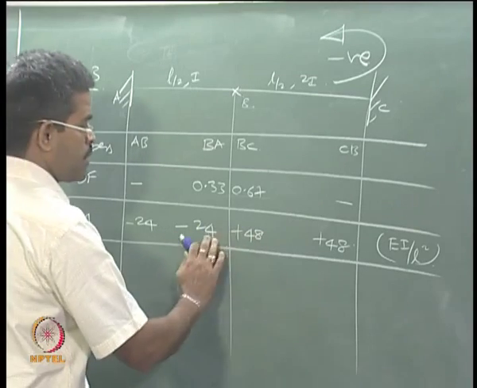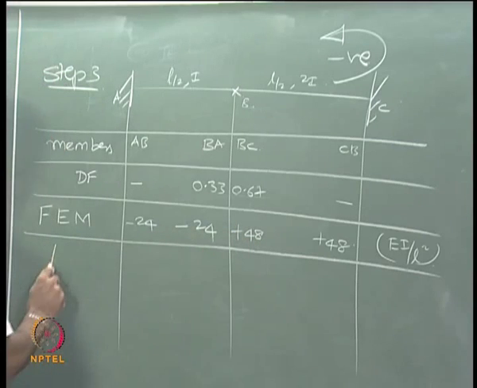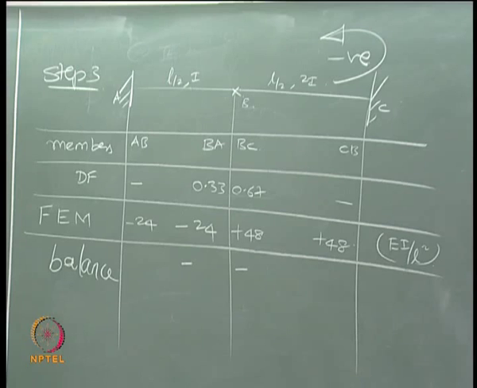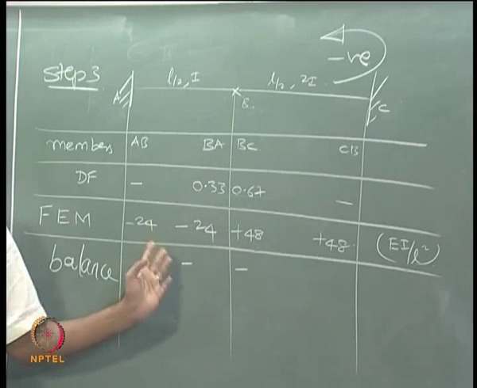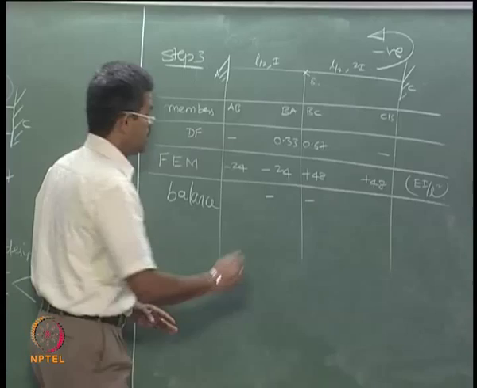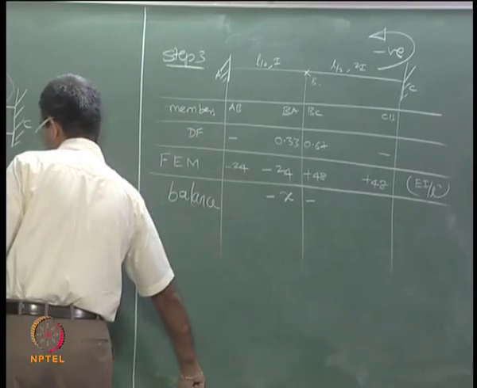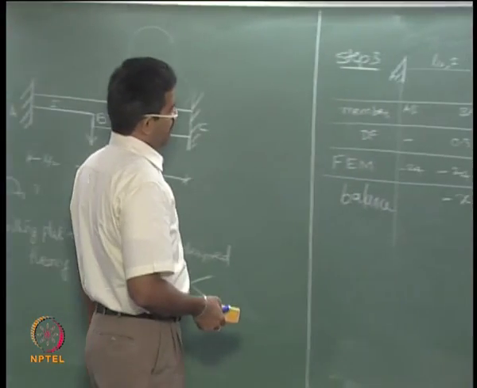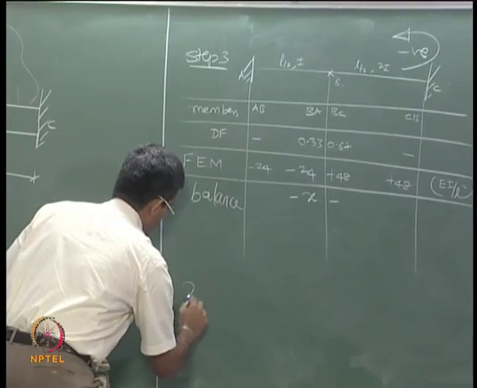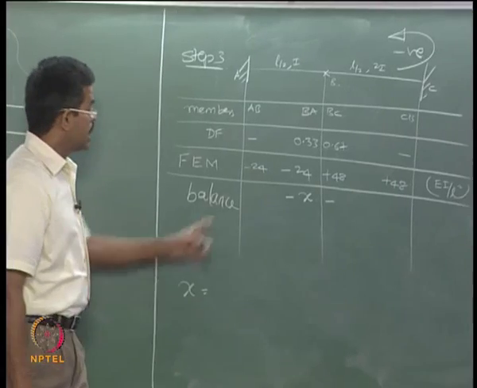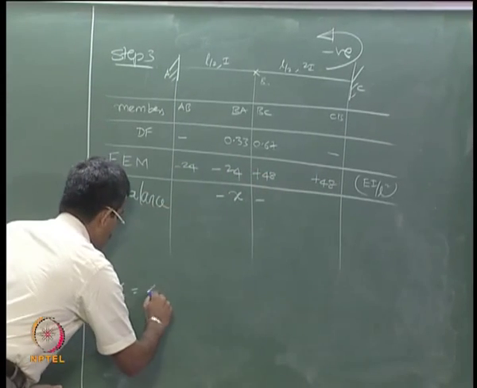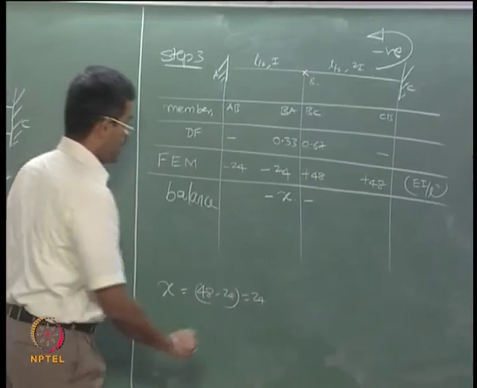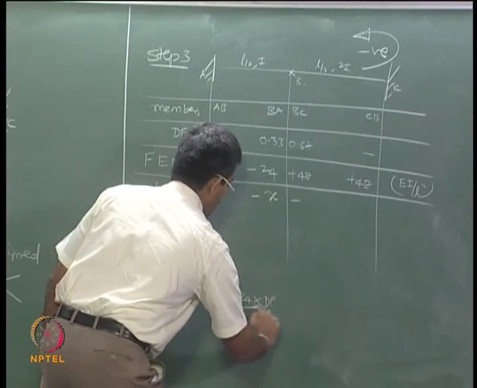So, the unbalanced moment is positive, so the balance will be negative. If this is x, the value of x is nothing but the unbalanced value, which is 48 minus 24, in my case is 24, multiplied by the distribution factor.